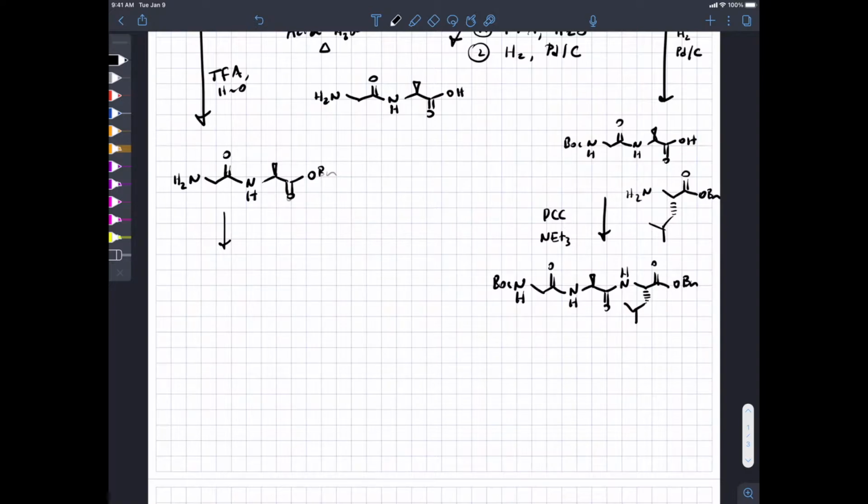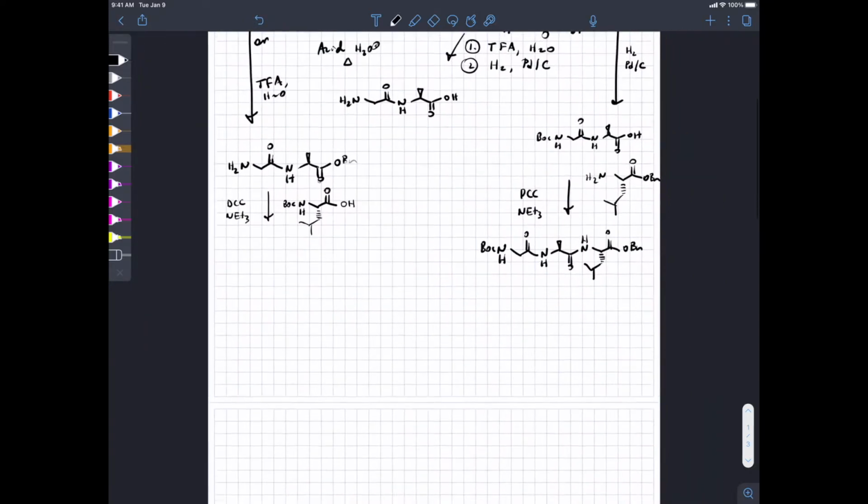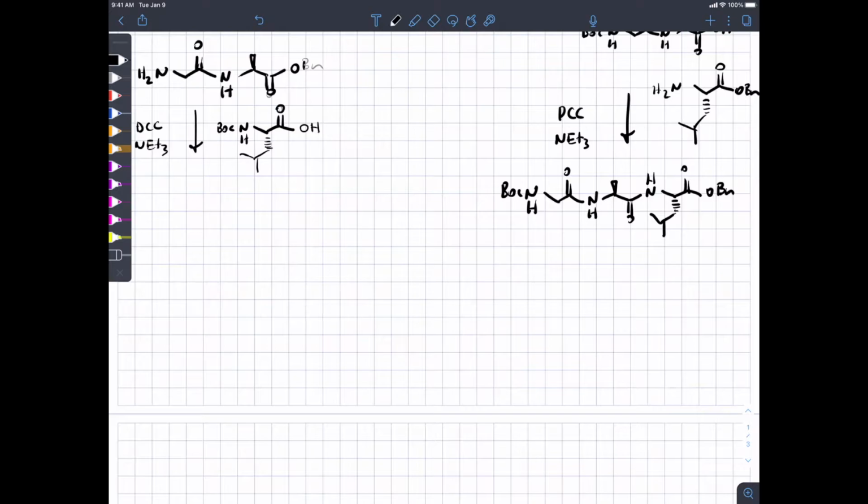And then you'd bring in your other amino acid. In this case, it would need to be a Boc-protected amino acid with a carboxylic acid group free. And then you could use DCC and triethylamine, and that would create your tripeptide, which I won't draw, but maybe I'll draw it anyway.